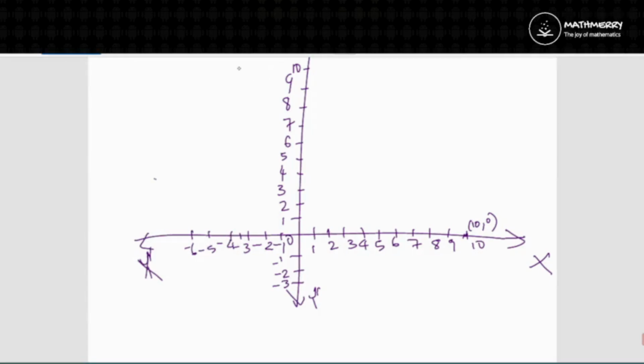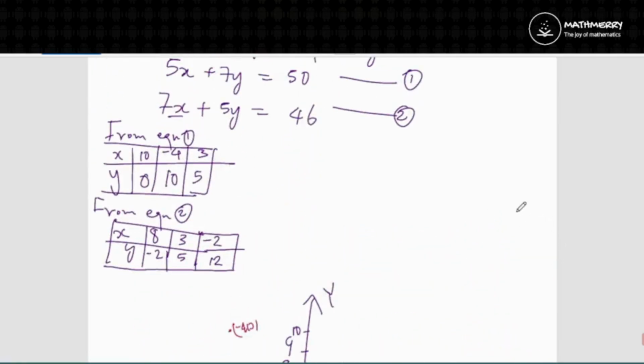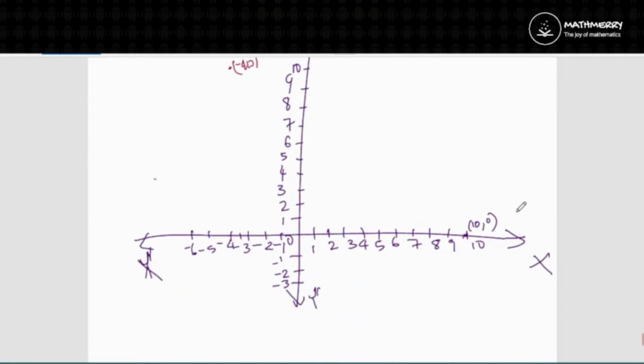Now 10 is here. So our minus 4, 10 will come here. Now next we have 3, 5. So 3 is here and 5 is here. So 3, 5 should come here. So these are the 3 points.